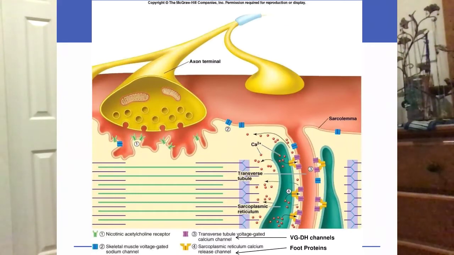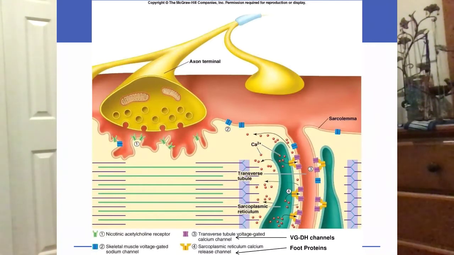And so we have 2 that we need to deal with. One is a voltage-gated channel. It's called a VGDH channel. Okay, VG, that means voltage-gated, so that means the action potential is going to stimulate that. Those are the little purple guys there.